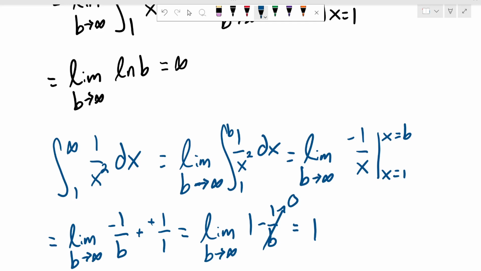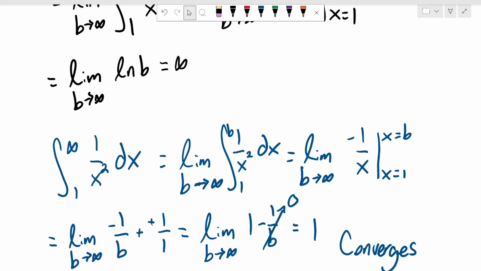So 1 over x squared gets smaller a lot quicker. And that ends up making it converge to a finite number. So this we say, like I said, converges. Specifically, we might say that it converges to 1. Okay, diverge implies that it goes to infinity, so we don't say it diverges to anything. Maybe to infinity or negative infinity, I guess.